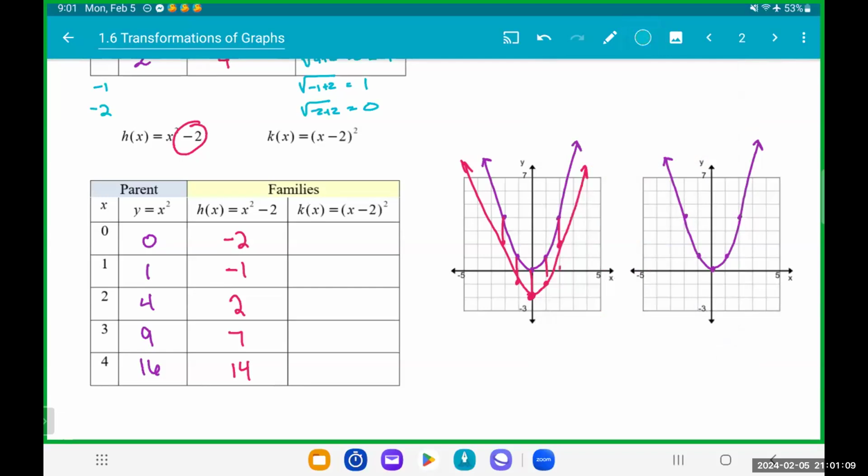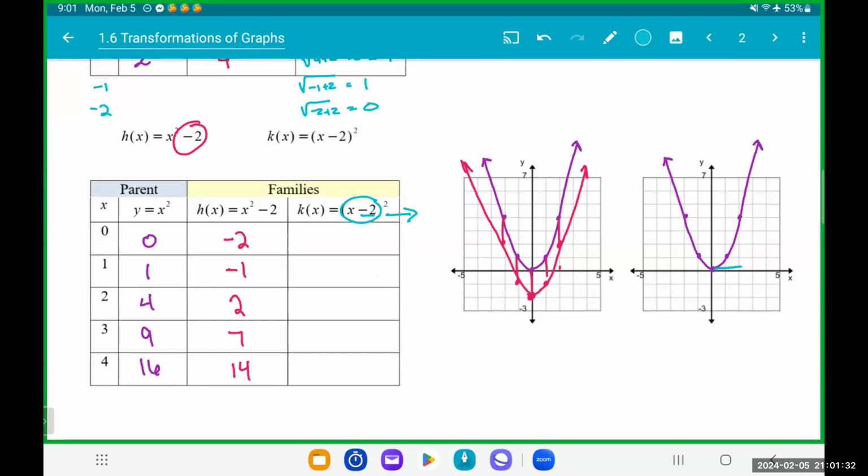Okay, let's look at one more example. Now you can see within the parentheses, it's a negative. So the negative tells me I'm going to shift to the right. We're going to shift everything to the right 2 units.